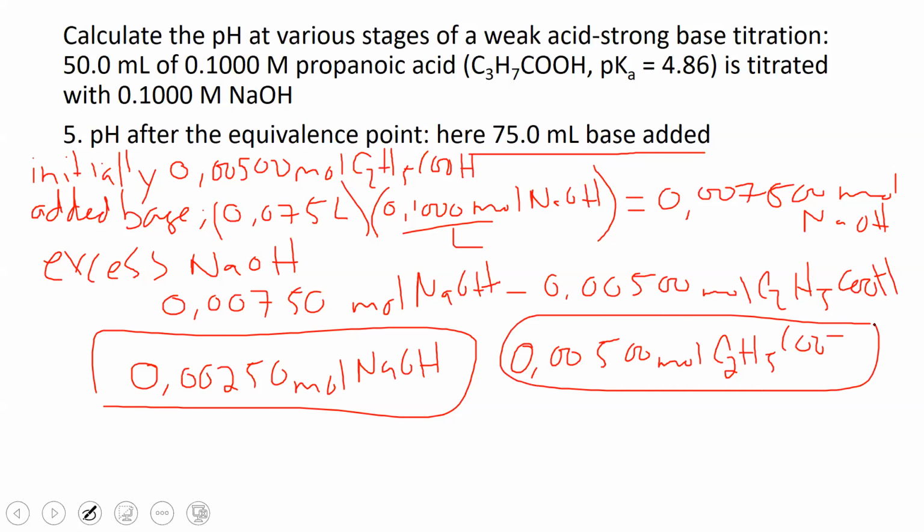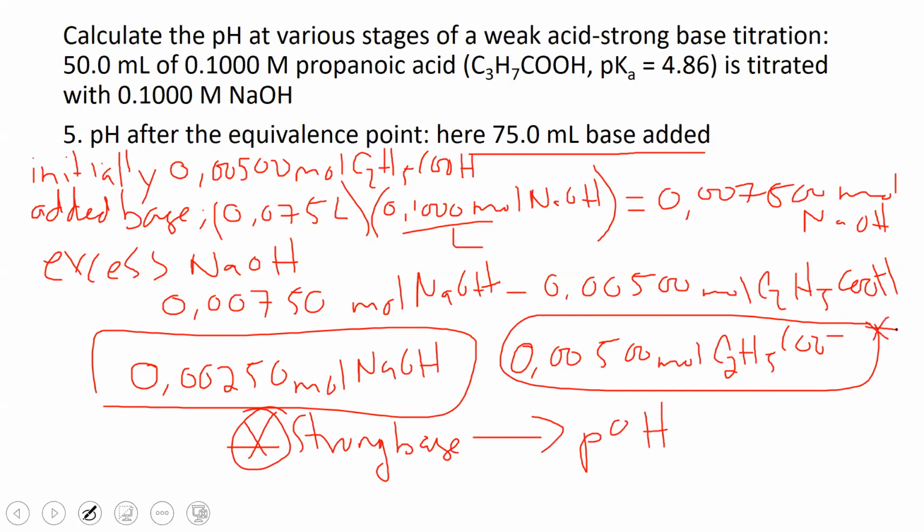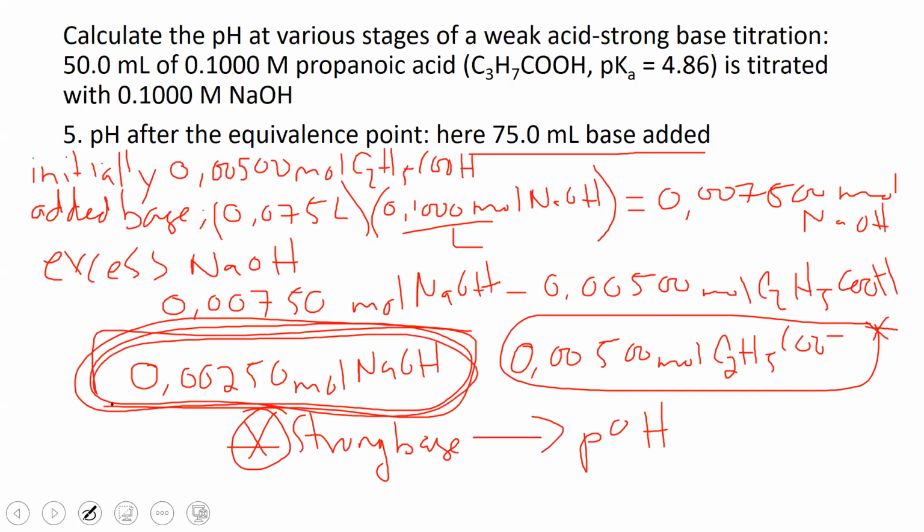And the key here is the strong base is the one that's important for the concentration of the hydroxide. Basically, the weak base that you have over here is going to add very insignificantly to the amount of hydroxide in solution. So you only have to worry about the excess amount of the sodium hydroxide in this reaction.